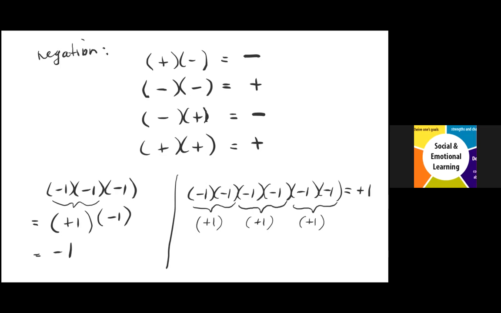So in other words, what could we say in general as a rule if we're multiplying lots of numbers together with positives and negatives? How do we know the sign of the product, based on how many negatives we have?